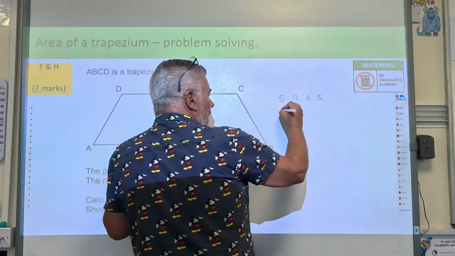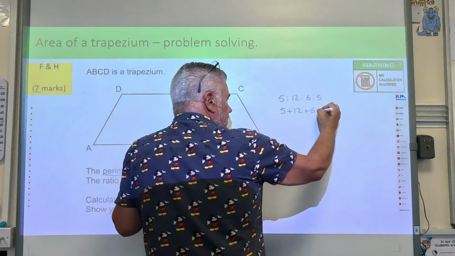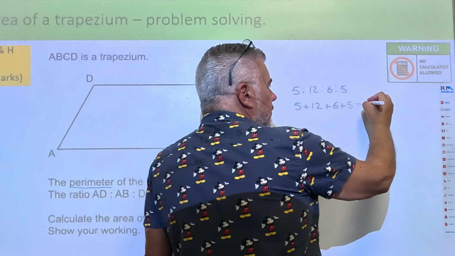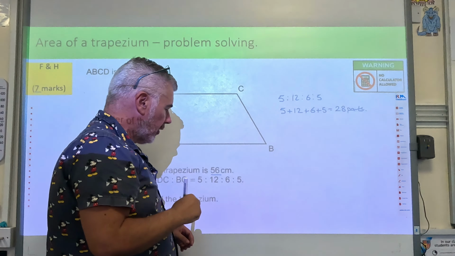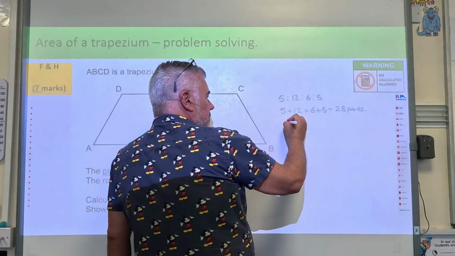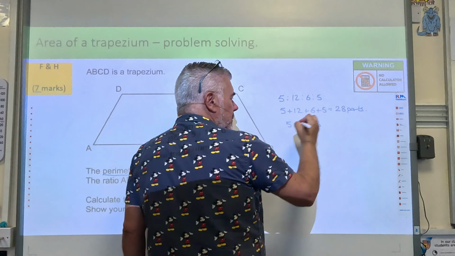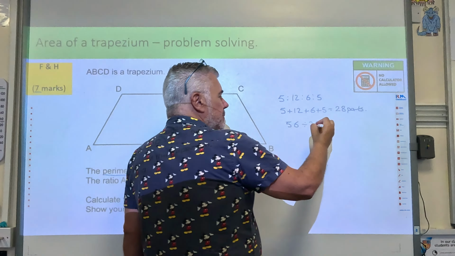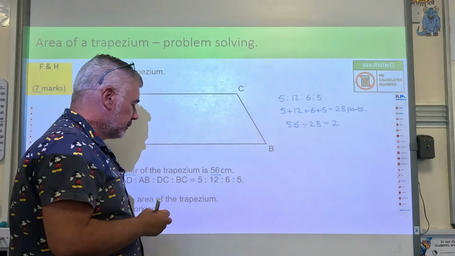So what is 5 parts, add 12 parts, add 6 parts, add 5 parts? I've got 28 parts in total. And these 28 parts make up this 56. So 56 divided by these 28 parts will tell me what each part is equal to. This means each part is equal to 2.